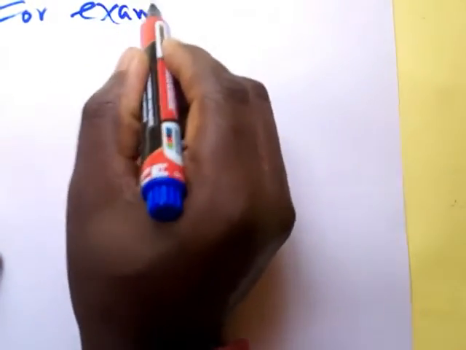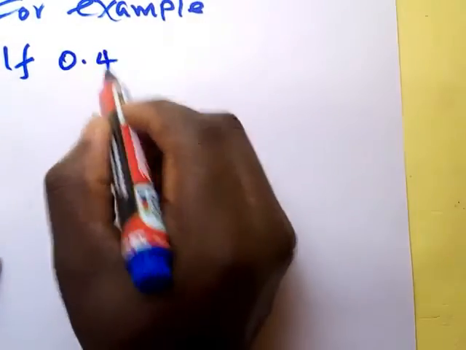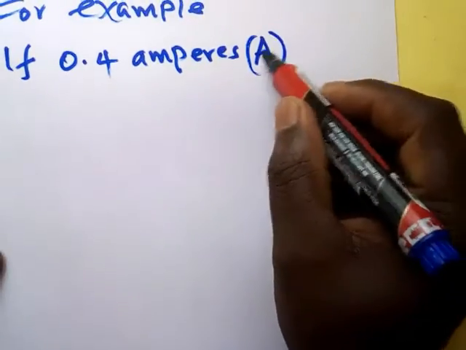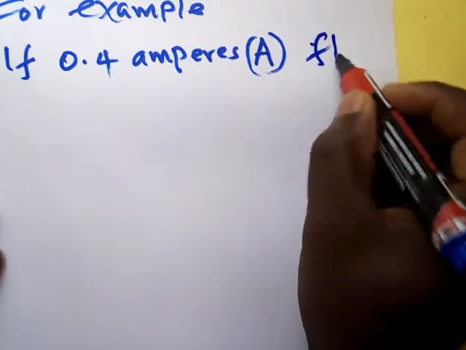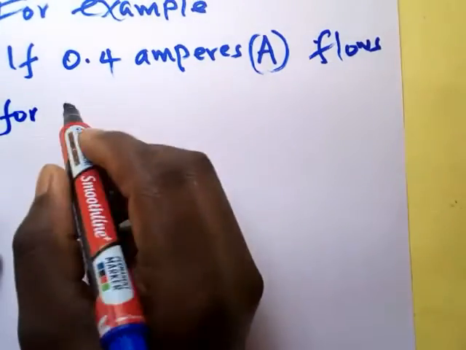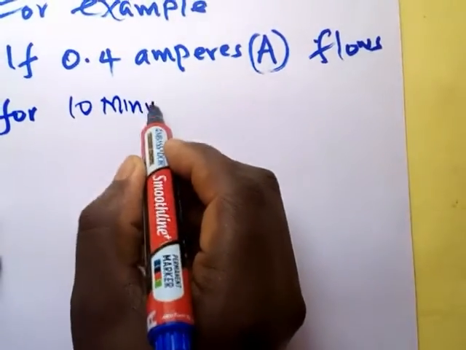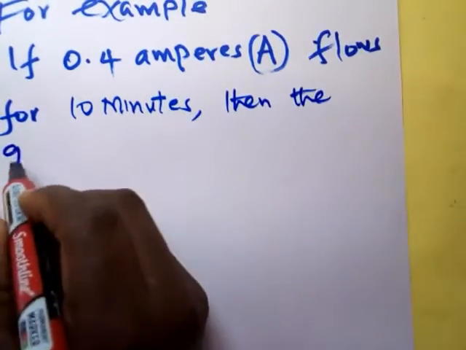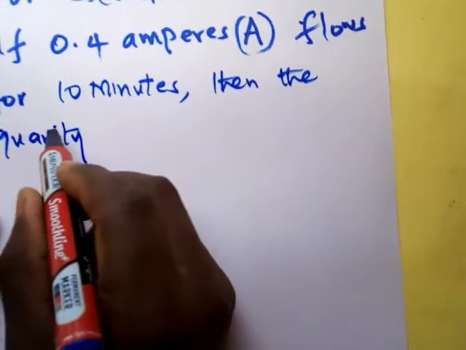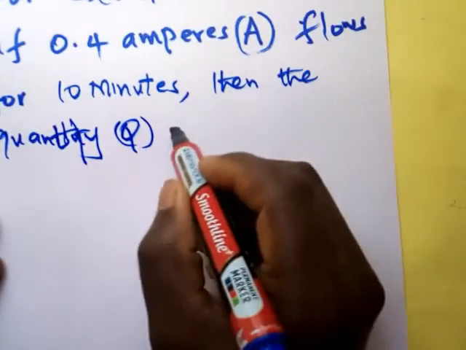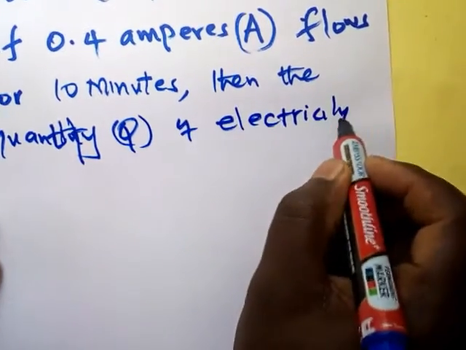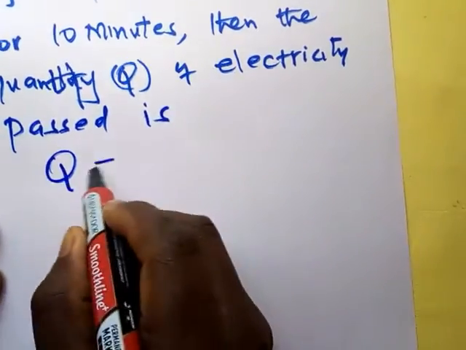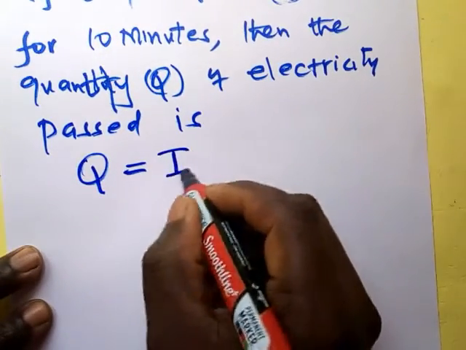For example, if 0.4 amperes, which is the current, the SI unit of current being A, flows for 10 minutes, then the quantity Q of electricity passed is Q equal to current times time.